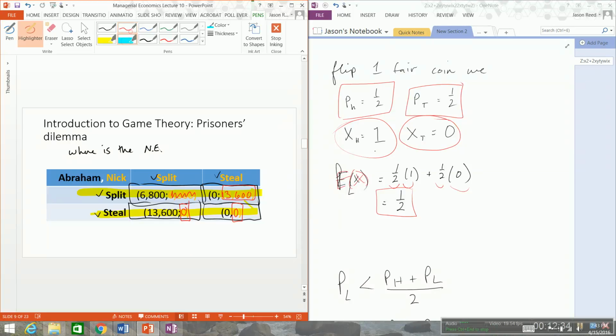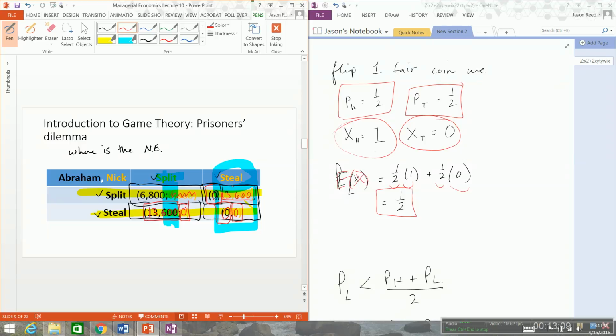Now let's look at Abraham's beliefs. Now if Abraham believes that we are in this column, if Abraham believes that Nick is going to split, well then that means Abraham's best option is to steal. So they're going to get 13,600. And if we believe we're in this column and Nick is stealing, that means Abraham believes Nick steals. So my best option, well, I'm indifferent between splitting or stealing.